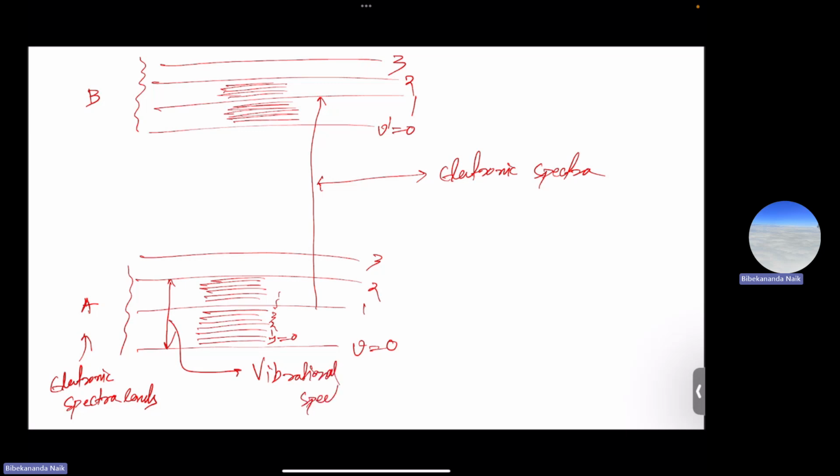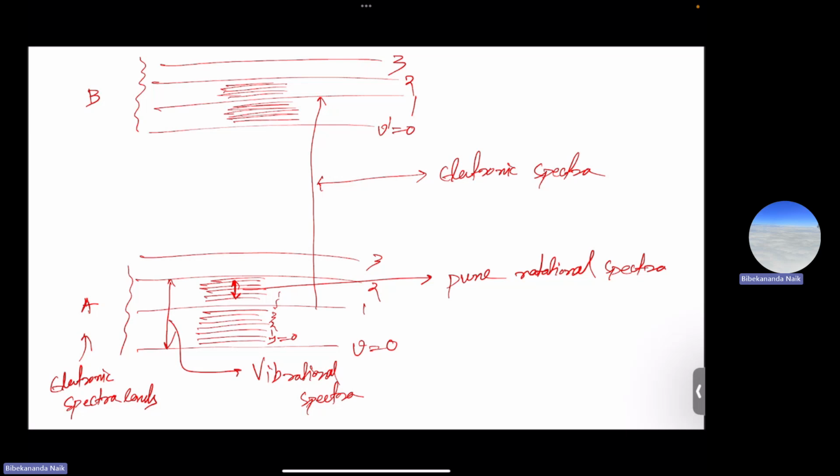Then if transition occurs between two vibrational levels, then it is vibrational spectra. And if transition occurs between two rotational levels corresponding to the same vibrational level, for example, if the transition occurs between these two, since it has the same vibrational level, it is called pure rotational spectra.